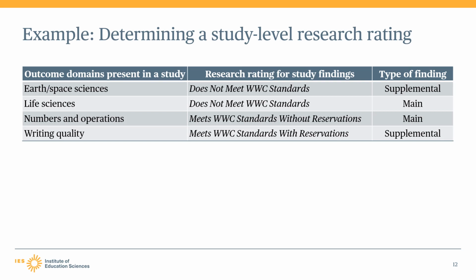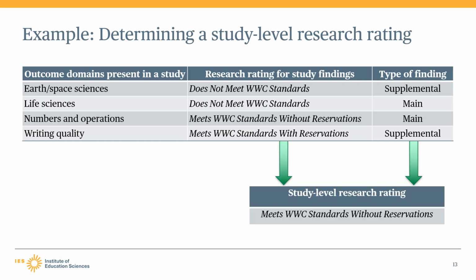The findings for Life Sciences and Numbers and Operations were main findings, whereas the findings for Earth-Space Sciences and Writing Quality were supplemental findings. 2 of the findings did not meet standards, and 2 of the findings did meet standards. Because at least one main finding from the study is rated meets WWC standards without reservations, meaning the finding in the Numbers and Operations outcome domain, the study-level research rating is also meets WWC standards without reservations.